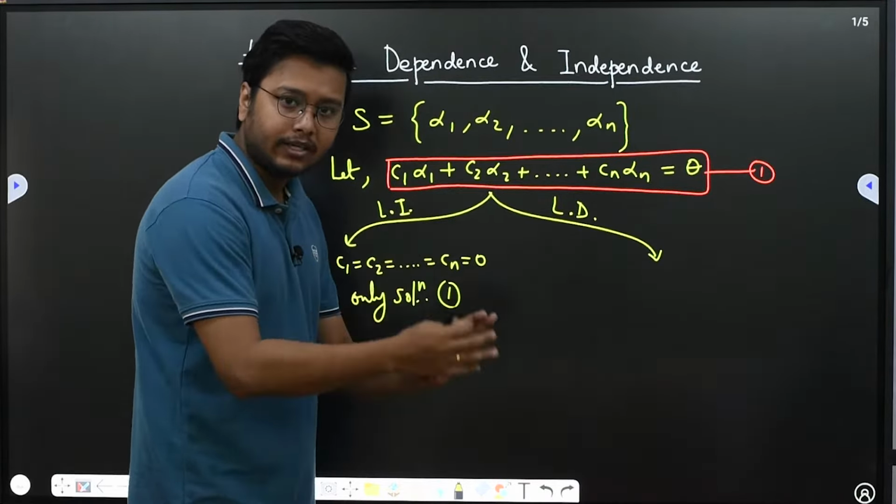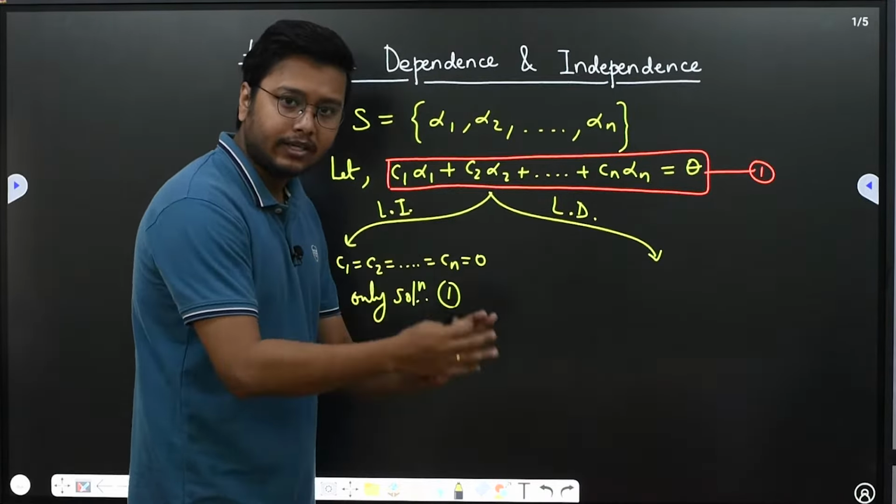Achha. So keeping that observation in mind, let me keep Cj alpha j on one side of this equation and take everything else on the right hand side. So I have minus C1 alpha 1 minus C2 alpha 2, dot dot dot like this.